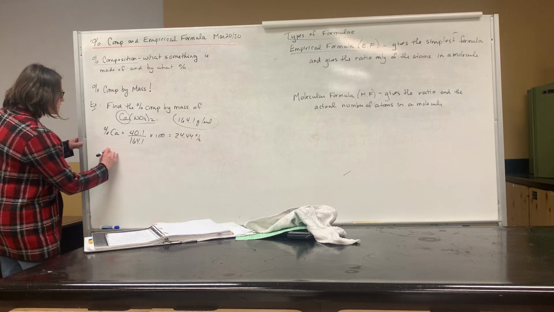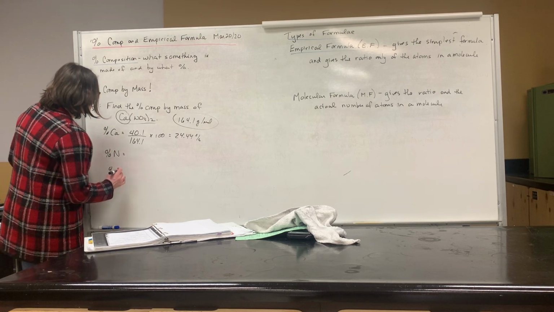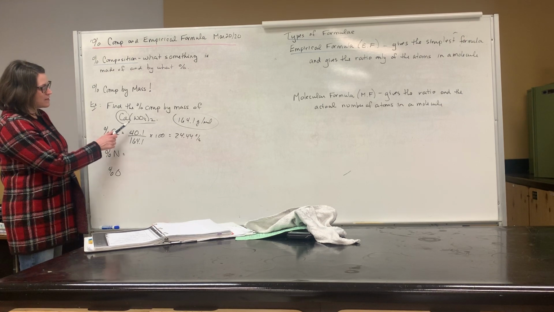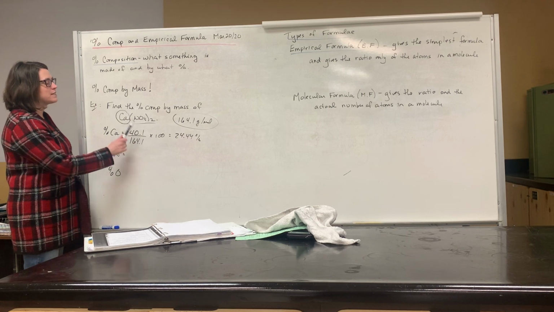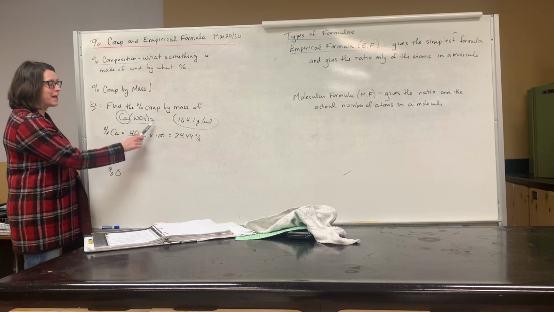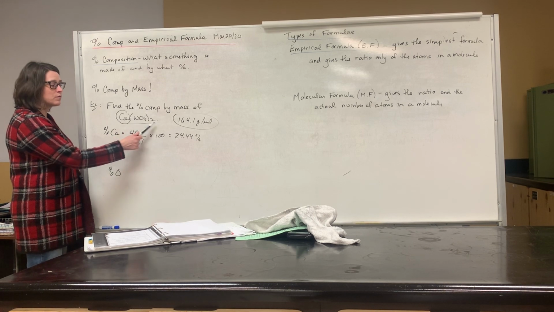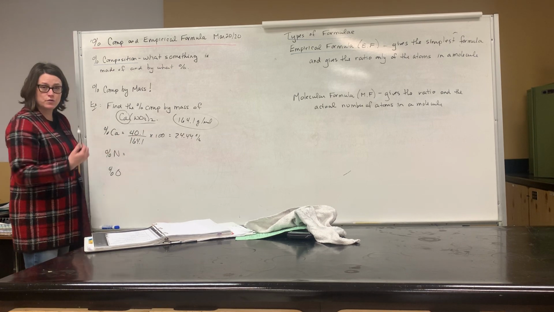So we are going to do the same thing with the nitrogen and the oxygen. Now, the one thing that's different that you have to pay attention to is that within this molecule, the calcium nitrate, I only have one calcium, but how many nitrogen atoms do I have? I have 2, so the mole ratio between nitrogen and the whole molecule is going to be 2 to 1.